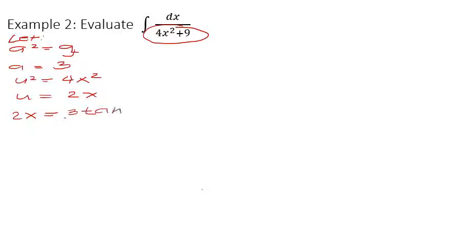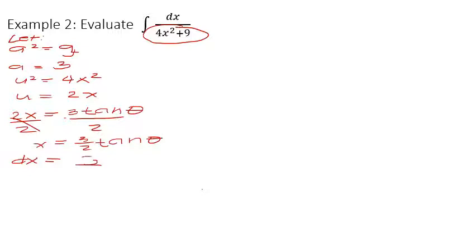Alright, so by this, you have 2x is equal to 3 tangent theta. So we have here x value na 3 halves tangent theta, right? And our dx is equal to 3 halves secant squared theta d theta, right? So maybe we could go to your right triangle immediately.